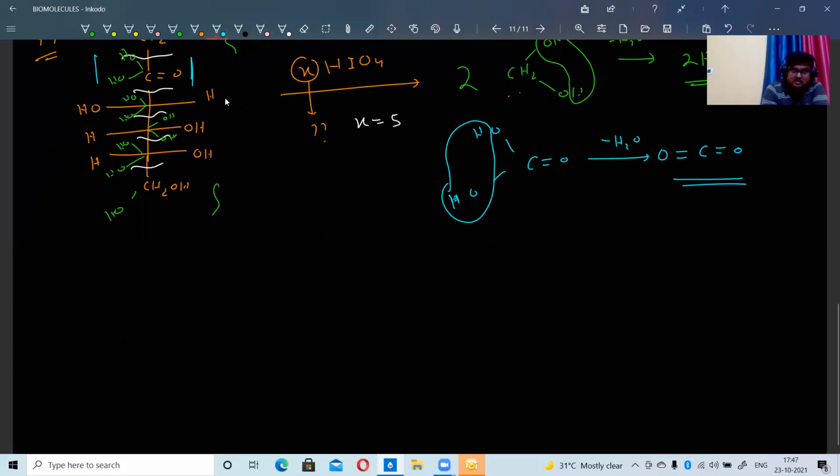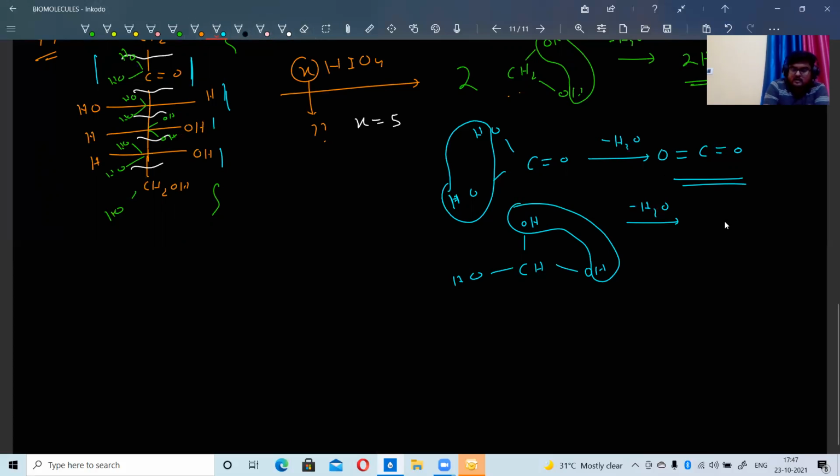Now, in these 3 cases, you can write CH, which is connected with OH, OH, as well as OH. Water removal again takes place.